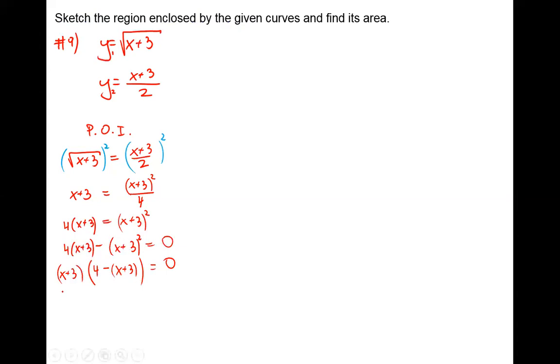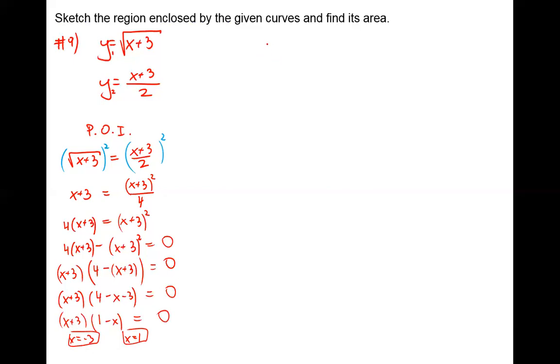Then we have x plus 3 times 4 minus x minus 3, which is 1 minus x, a really nice factored form. That means x is negative 3 or x is 1. That means negative 3 and 1 are the x coordinates of the points of intersection.